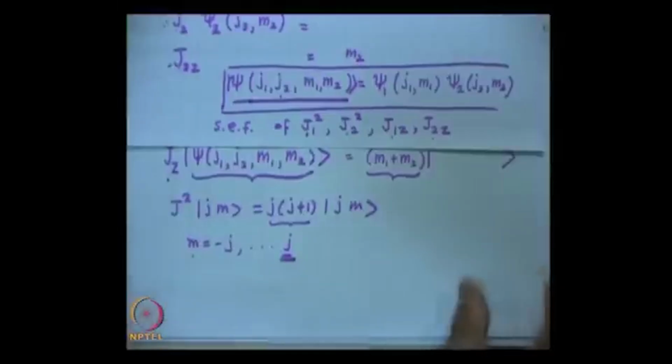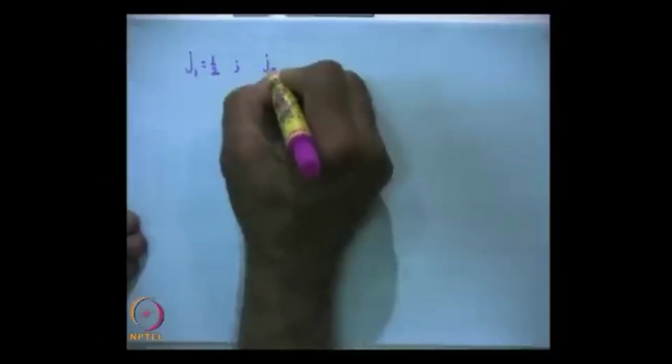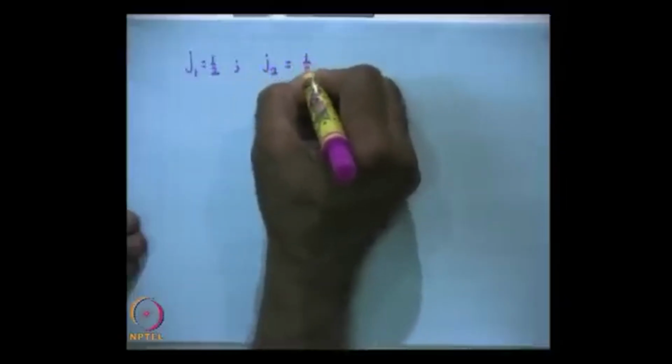Let me give you an example. Let me consider the interaction of neutron and proton, or proton and neutron, or something like that. Both are spin half systems. So, J1 is equal to half and J2 is equal to half.